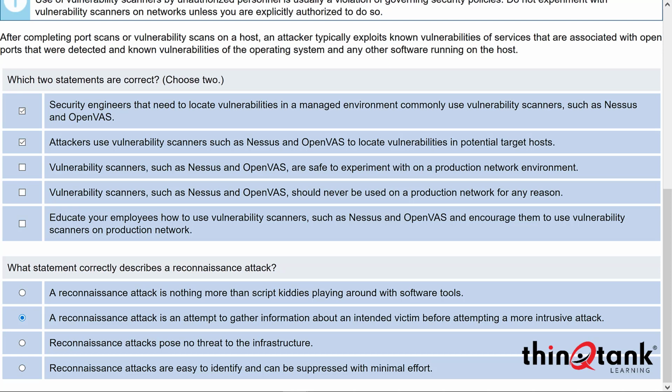Reconnaissance attacks pose no threat. They do pose a threat. Obviously they pose a threat, but it's not entirely possible to block all types of information gathering techniques, because of the inherent way that networks work, we have to allow communication between the clients. But we could look for scanning scenarios, right?